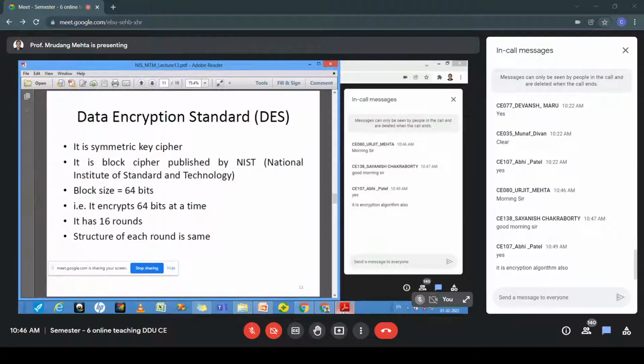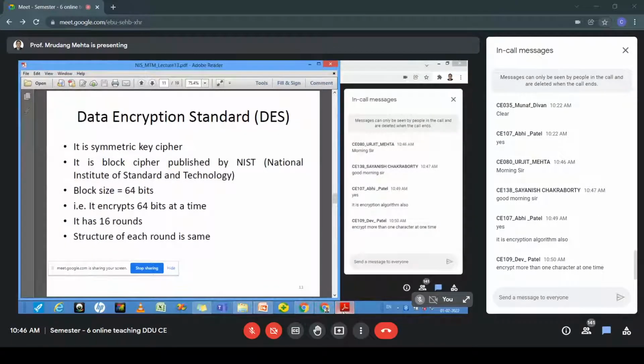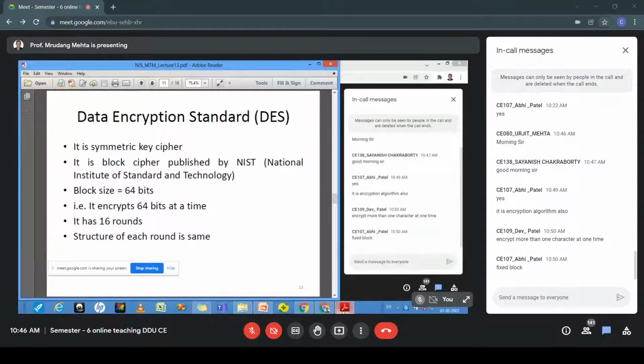What do you mean by block cipher? It encrypts more than one character at a time, or encrypts in a fixed block instead of a stream.